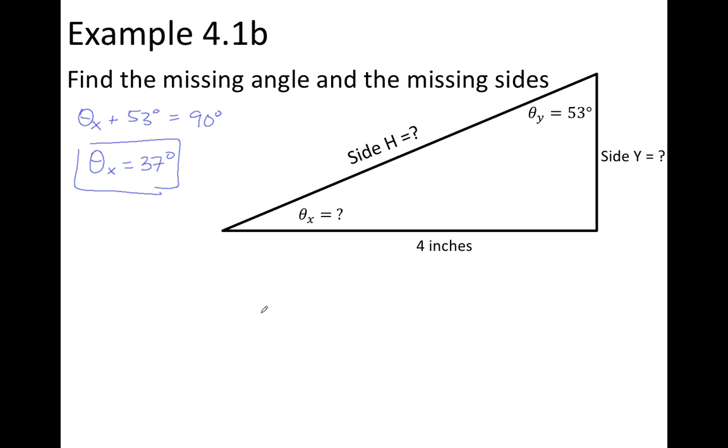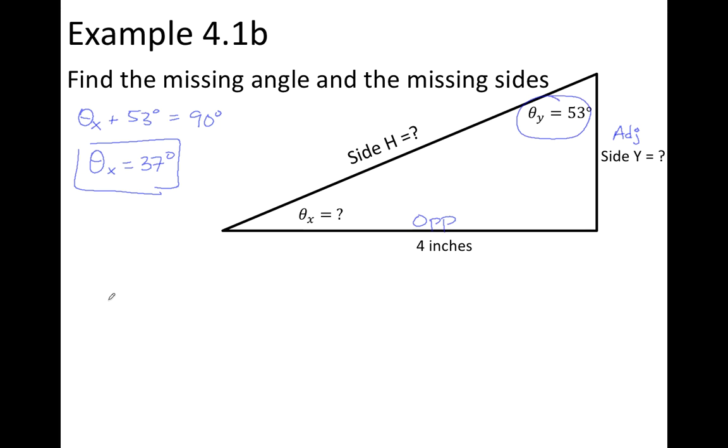To solve for the side, we're going to have to set up a trig function. Again, we have to choose one angle to work with. I'll choose the given angle, 53 degrees. And if that's the angle we're working with, the 4 inches is the opposite side, and side y is going to be the adjacent side.